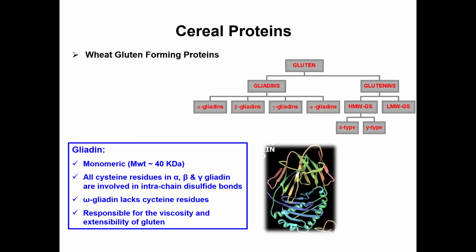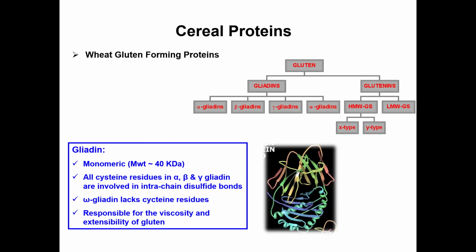So gluten-forming proteins are made of gliadins and glutenins, and within the gliadins, there's the alpha, beta, gamma, and omega gliadin. Omega gliadin does not have cysteine, that's the difference. And gliadins alpha, beta, and gamma form disulfide linkages within themselves, intramolecular.